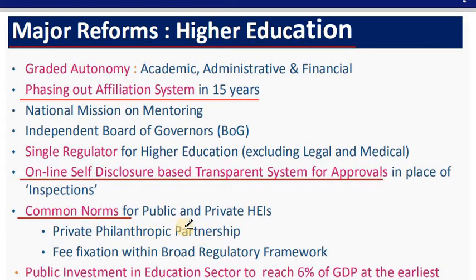Common norms for public and private HEIs, private philanthropic partnership, fee fixation within the broad regulatory framework, and public investment in the education sector to reach 6% of the GDP at the earliest.